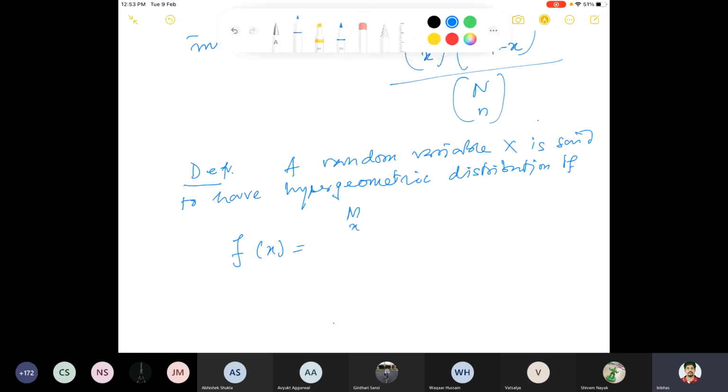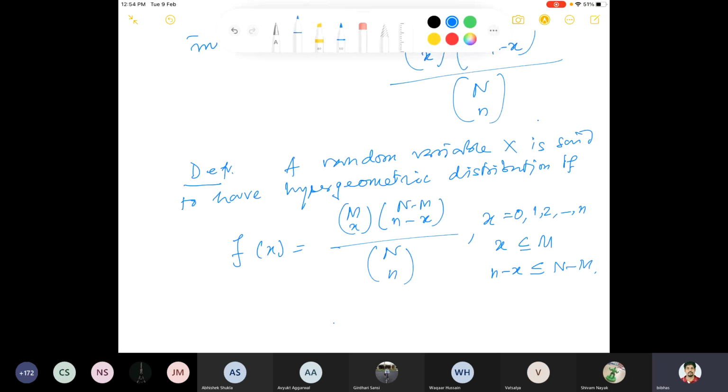X can be 0, 1, 2, the number of successes. Of course, x will be less than or equal to M, because capital M is the maximum number of successes you can have. And of course, n minus x is also less than or equal to N minus M.